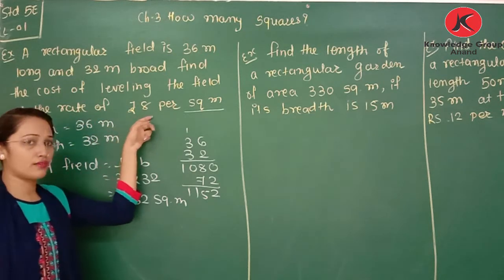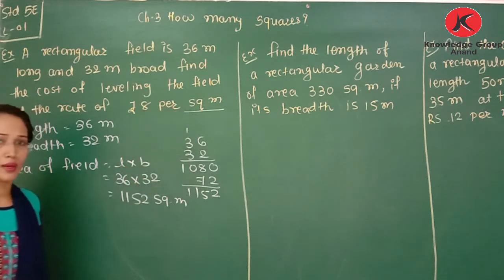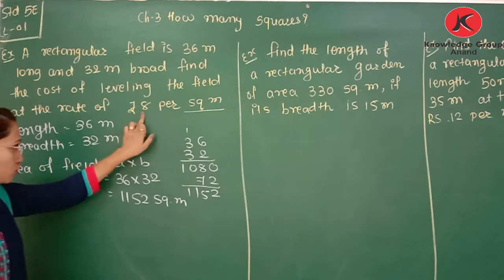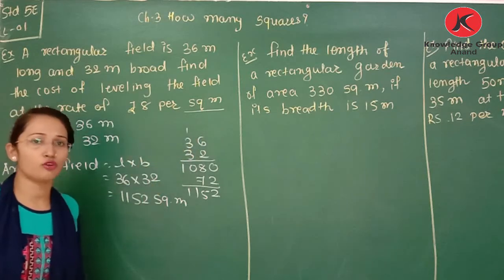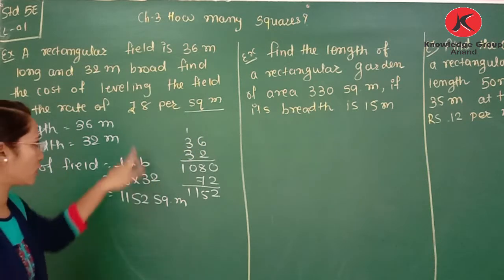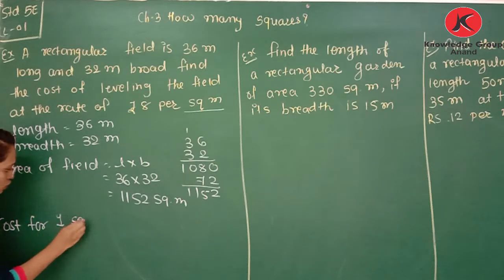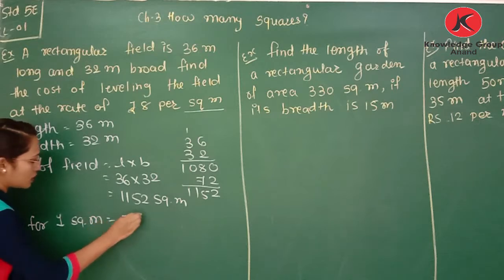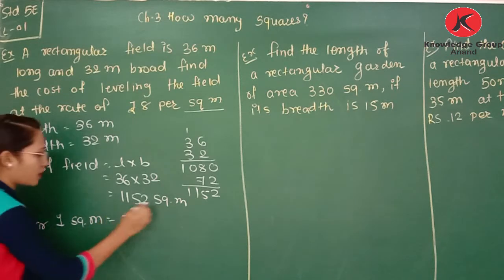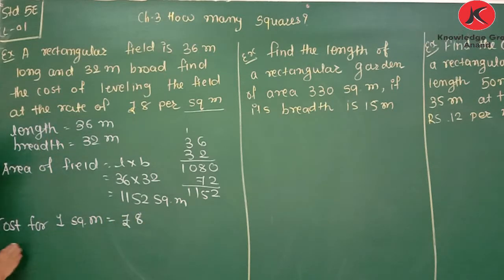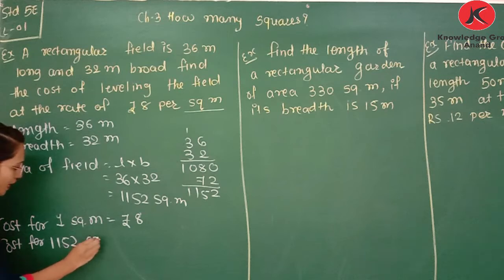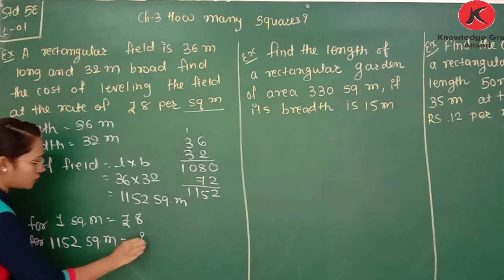Cost of that leveling is 8 rupees per square meter. 8 rupees per square meter means the cost for 1 square meter is 8 rupees. So we have 1152 square meter. So cost for 1152 square meter is equal to how much?